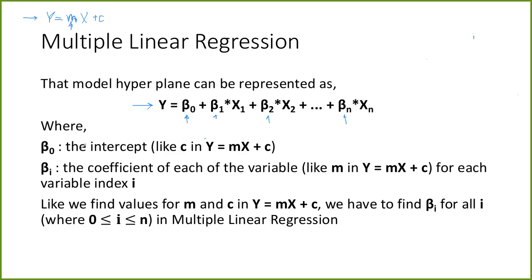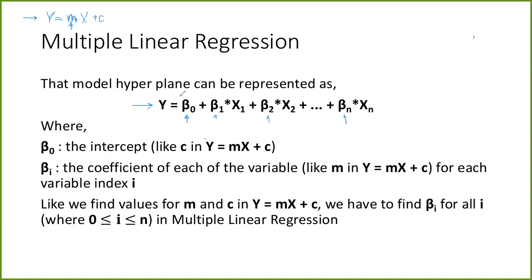Now let's see, beta 0 is the intercept, and for the other coefficients, beta 1, beta 2, up to beta n, instead of 1, 2, 3 to n, we can use i as the index. Similarly, in general, we can call them beta i for all the other coefficients.